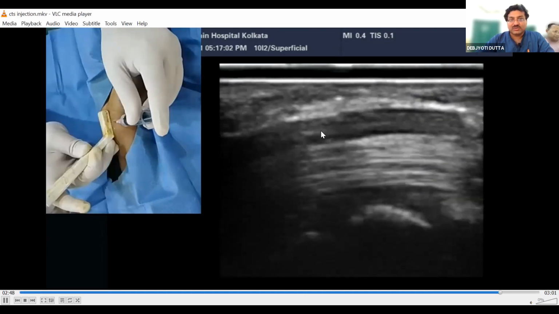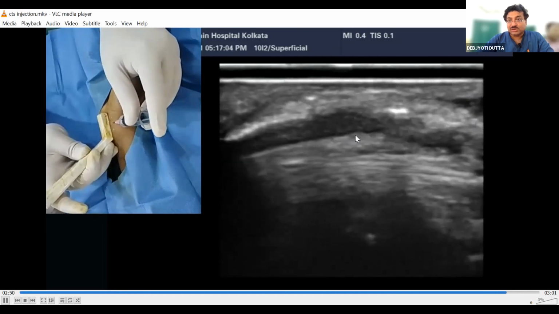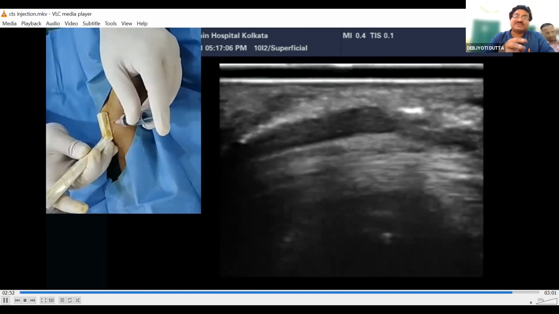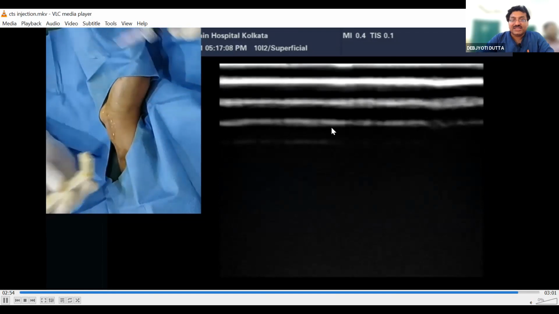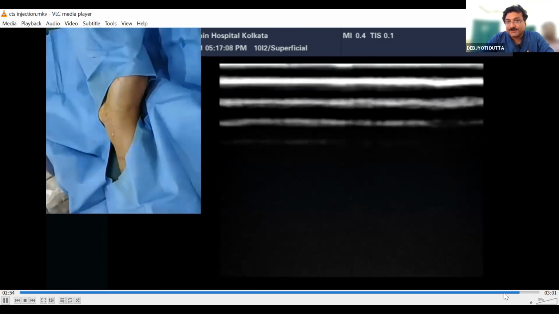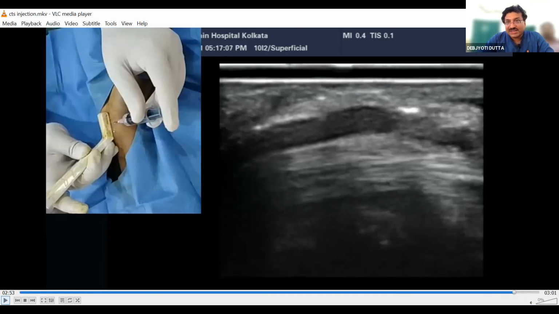So how many times do we have to fenestrate and how long does its effect last? There is no strict guideline. Here also, in the last part of the video, you will be able to see that dilatation. Here you see this portion is constricted, so I have done the procedure in this portion. Now we are checking with the other view as well, whether we are at the right constricting area and the needle tip is at the same area.